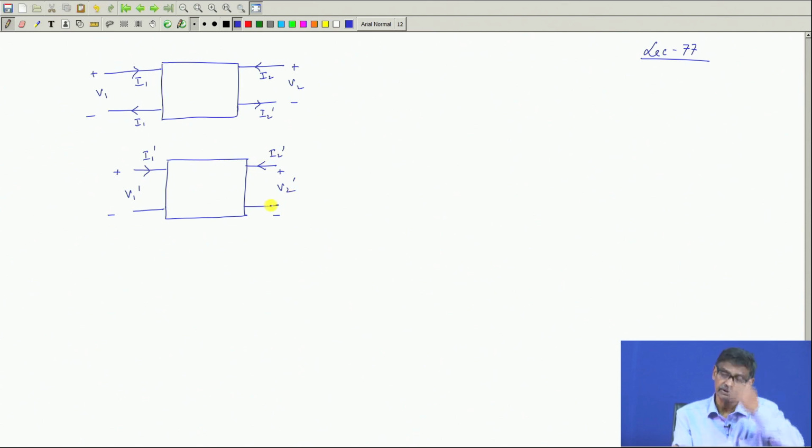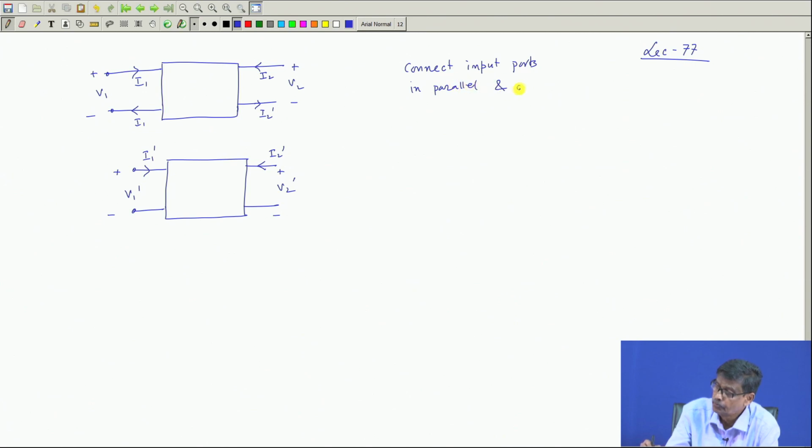These two networks, when we say we will connect them in parallel, we mean that, of course, two sources can be connected in parallel. For example, these input ports should be connected in parallel, plus with plus, minus with minus, and output ports in parallel.